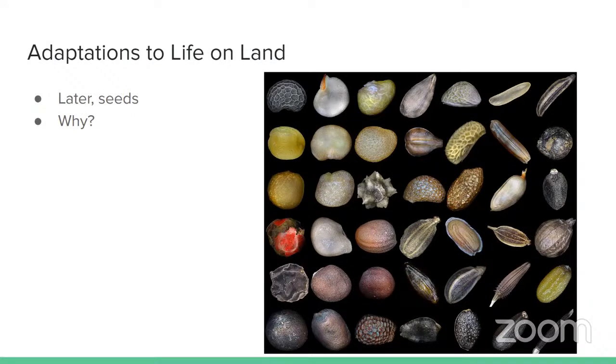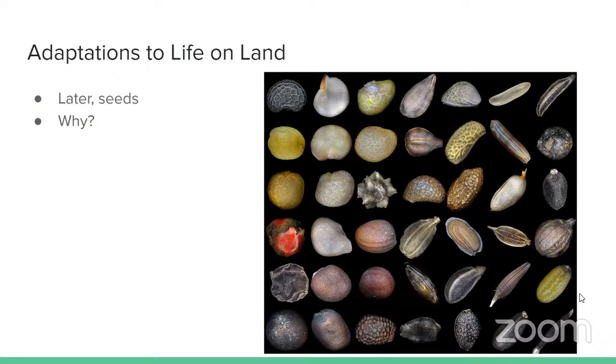But they're relatively unprotected, so they do dry out. And in some of our plants, the drying out is partially key to their life cycle. Some of our ferns, for example, have casings housing their spores that burst open when they dry out.